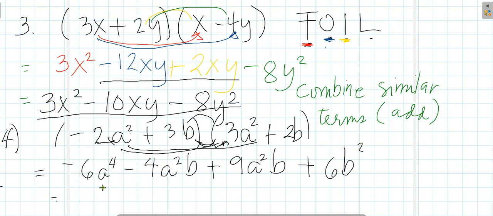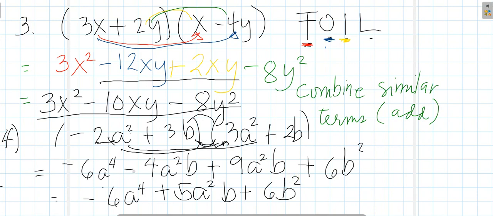So the final answer is negative 6a to the fourth plus 5a squared b plus 6b squared, because negative 4a squared b plus 9a squared b is 5a squared b. Okay?